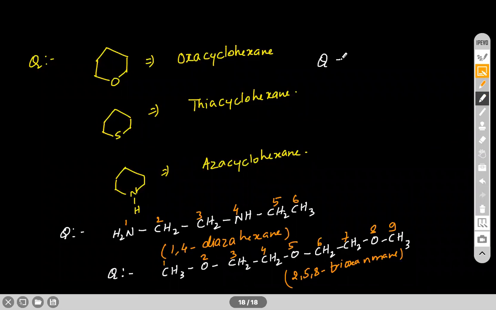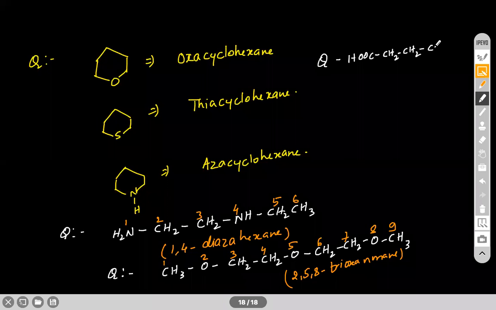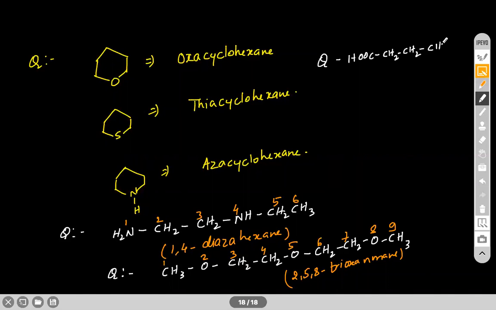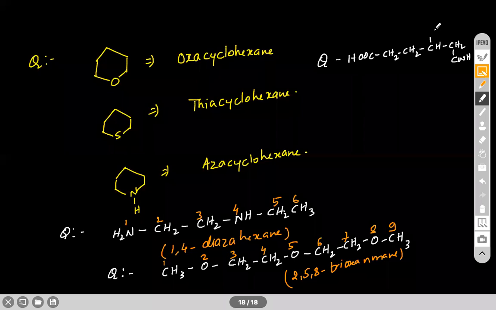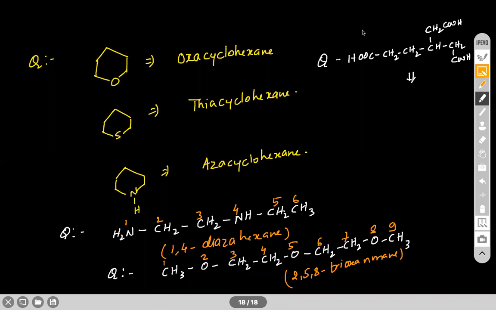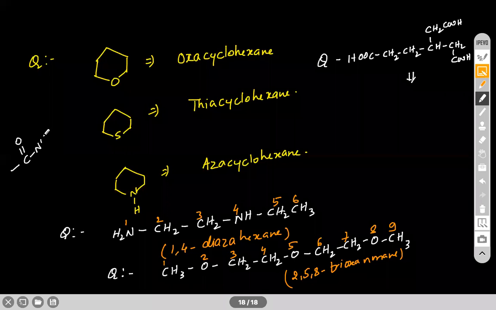Okay, the last one is this. Tell me the name of this compound. Amide is this: C double bond O NH2 is amide.